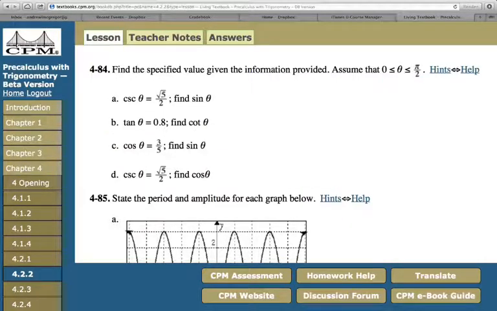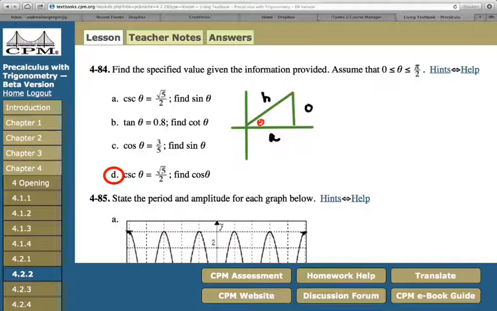D, same domain. So again, we're drawing our triangle in quadrant number 1. And I'll label our sides again. We have opposite, hypotenuse, and our adjacent side. Now this time it gives you cosecant of theta is rad 5 over 2.